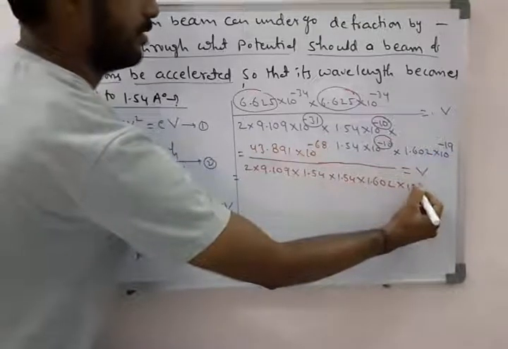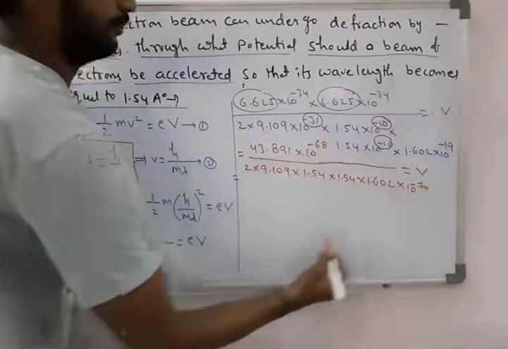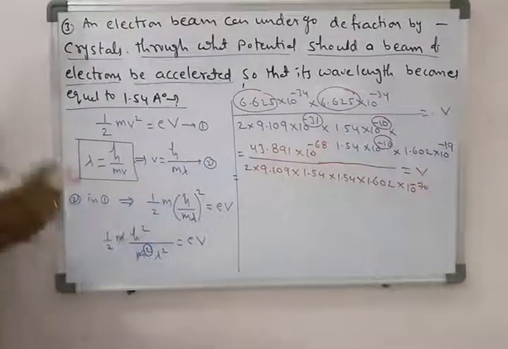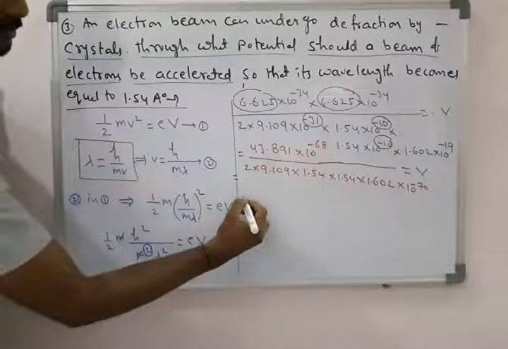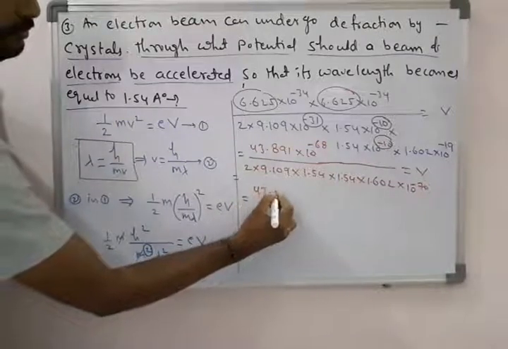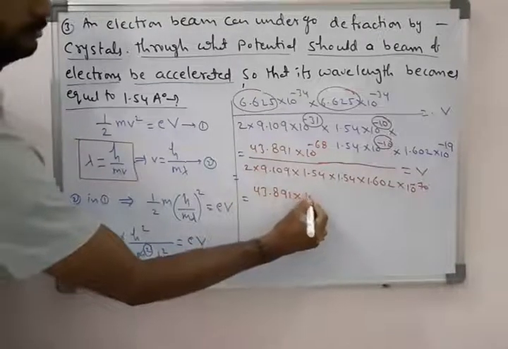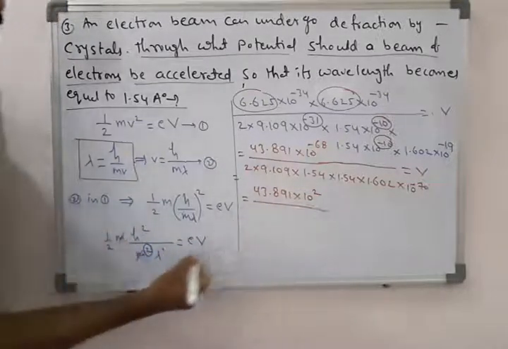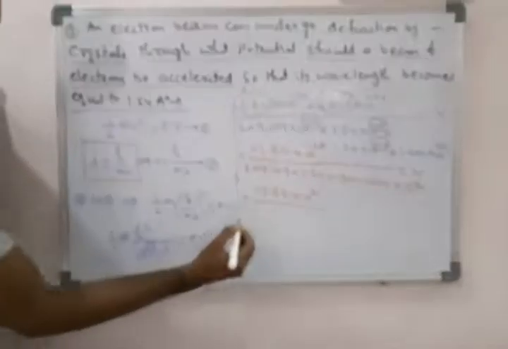This becomes 10 power minus 70. So across here we get, that is exactly equal to 63.4.